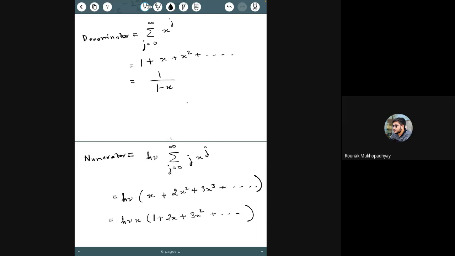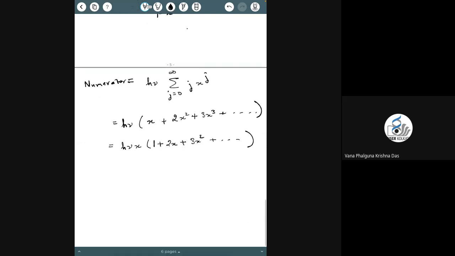So use the expression for the denominator. Ma'am, it is the binomial expansion of 1 minus x whole power minus 2. Yes, that's right. If you know that already, then you can directly use it. So this is then x, and you have 1 by 1 minus x whole squared.